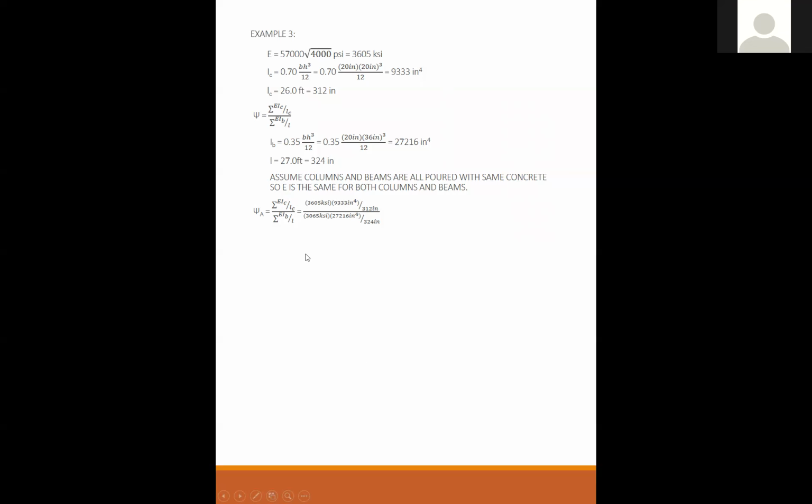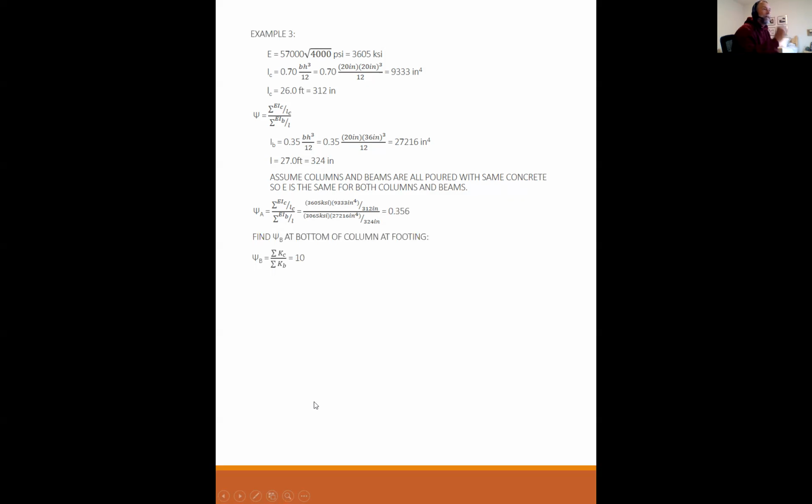Okay, good. Running this out, I get a psi A equal to 0.356. Find psi B at the bottom of the column at the footing. At the bottom of the column, we defined it as a pin, so the footing itself doesn't really matter. If it is equal to a pin, we're going to use 10.